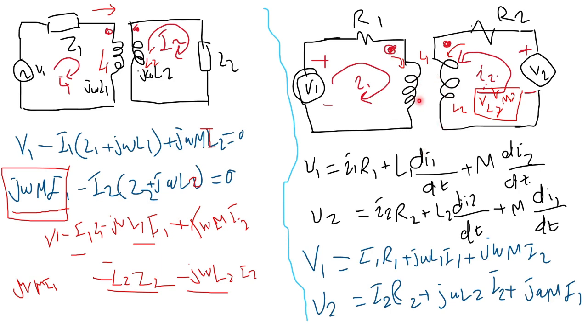So if I apply Kirchhoff's voltage law on the circuit to the left, I would have V1, which is the only voltage rise, equals I1 R1 plus L1 dI1 by dt. This is the self-induced voltage on L1 due to current I1, and it's a voltage drop.